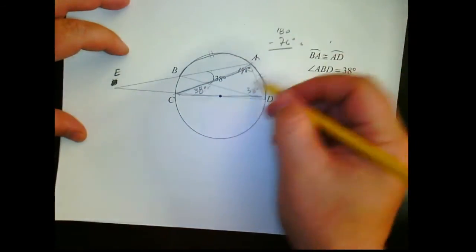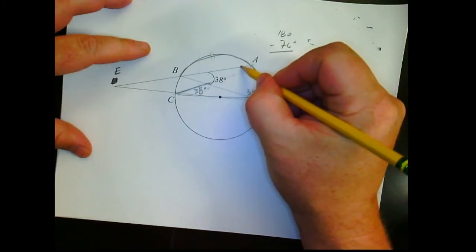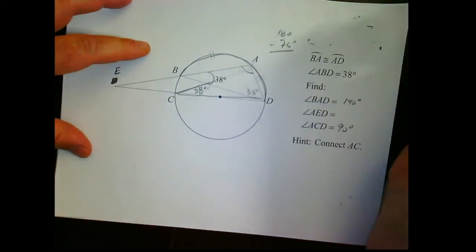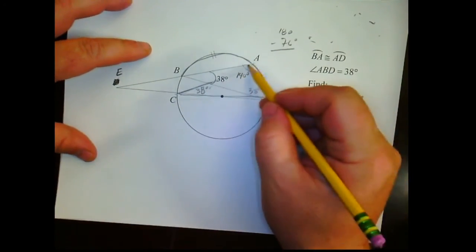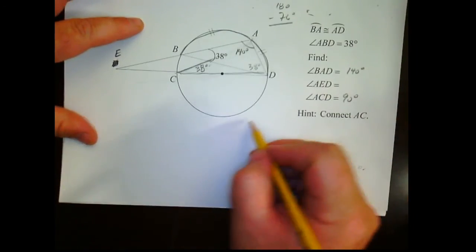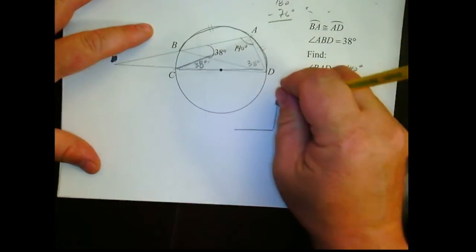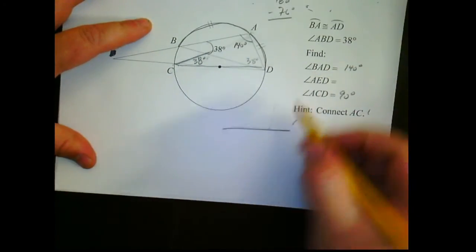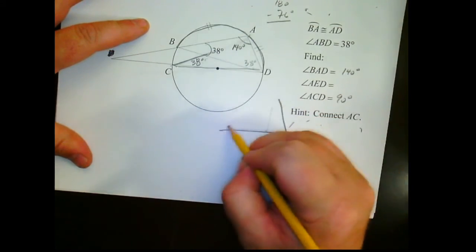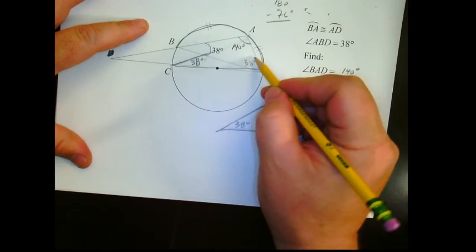We know the whole thing's 140. But inside of here we've got a right triangle, right? Here, I'll draw it in the same orientation. So we got the base, and then we've got a right triangle right here. We know this is 38 degrees right here.